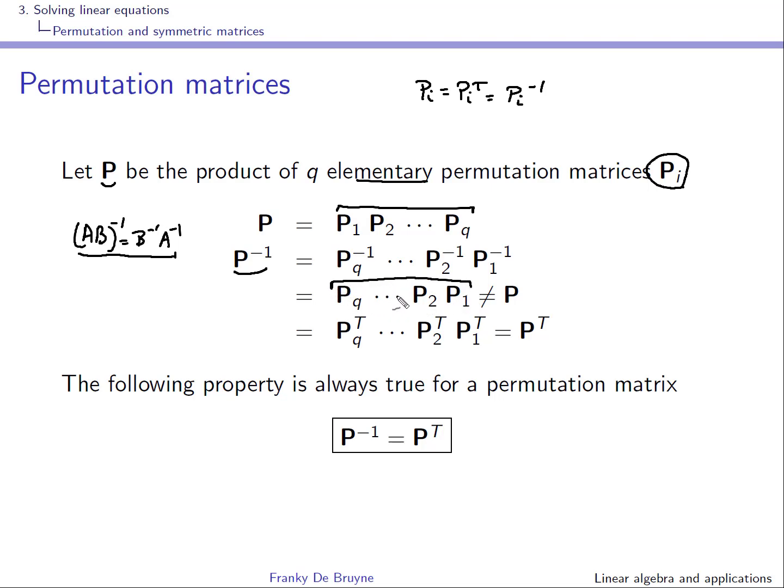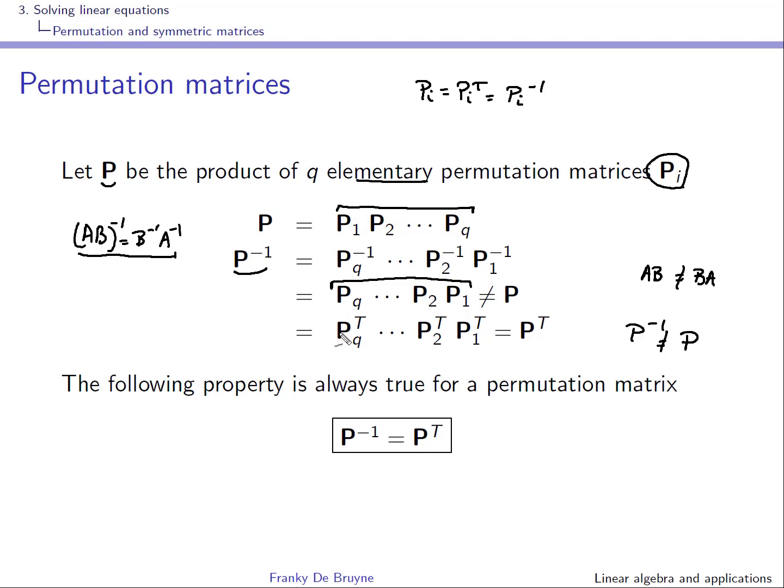But since the order of matrices is important, in general AB is different from BA. This might be allowable and this might not be allowable. But even if it's allowable, in general it's different. So we have that the inverse of P is different from P. But this one here is also equal to its transpose.